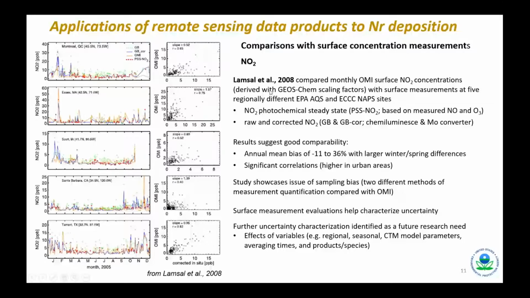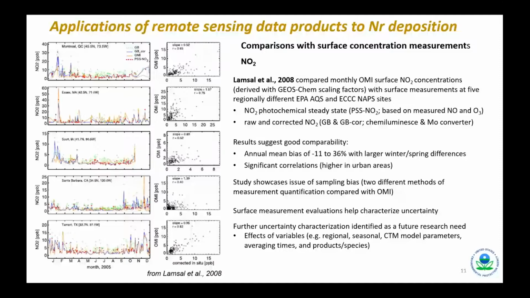This paper from Lamsal and colleagues, 2008, was a big paper for nitrogen dioxide. Nitrogen dioxide is better validated and a more mature product than ammonia. Ammonia is quickly catching up, but for now, a lot of the work is focused on nitrogen dioxide.